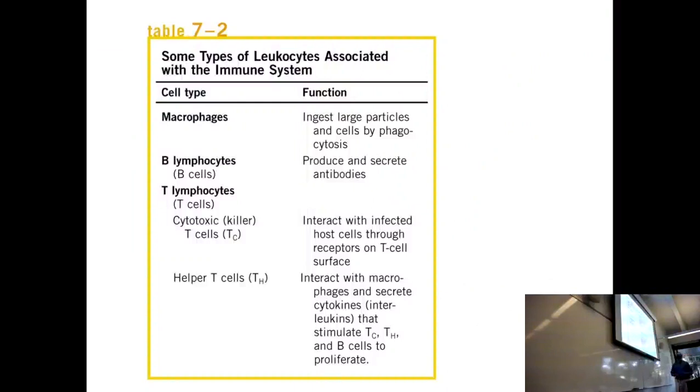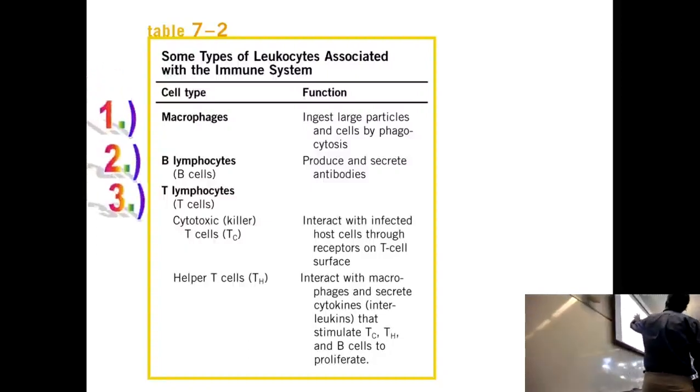So, this is the major thing that we talked about, many of these things before. We talked about macrophages and B lymphocytes, B cells. T cells are the ones we haven't talked about, and there's two basic branches of them that we are going to talk about. There's cytotoxic, otherwise known as killer T cells, and then there's the helper T cells.